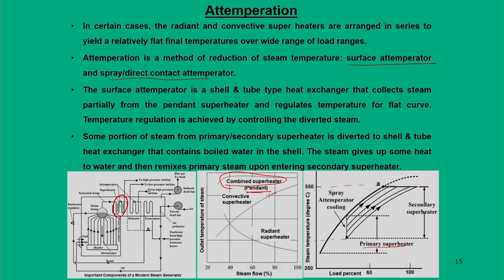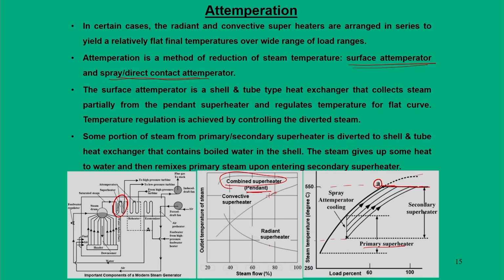that the curve will keep on increasing after 550. That means 550 is the point A, that is the landmark point. Beyond that the temperature should not go, and even with continuously increasing load rate, this should remain flat at this point. And for that reason we use the surface attemperator or direct contact type attemperator to bring back this flat curve.